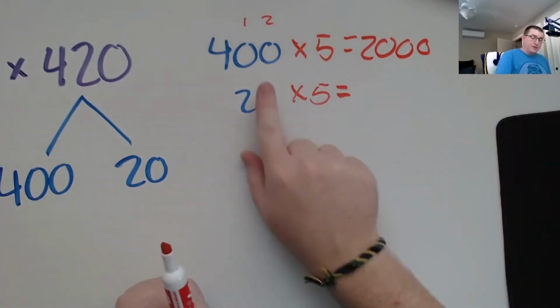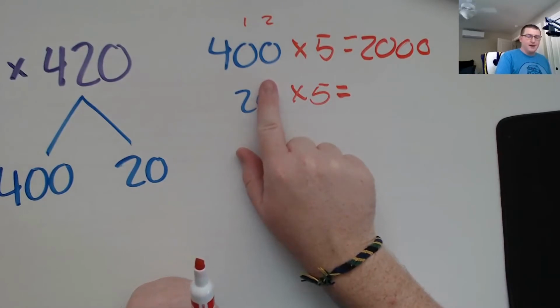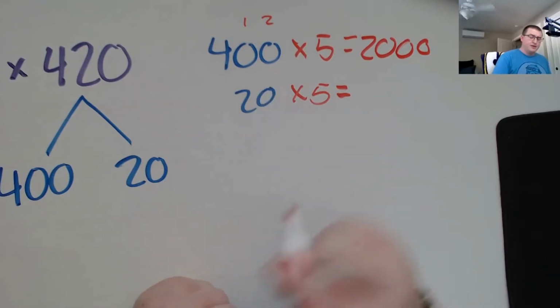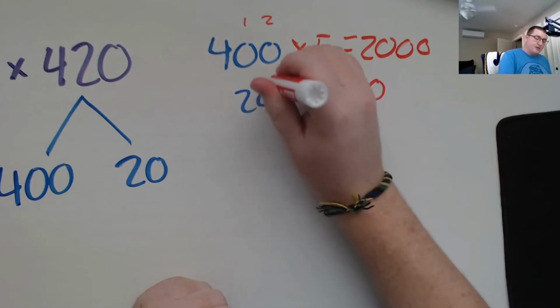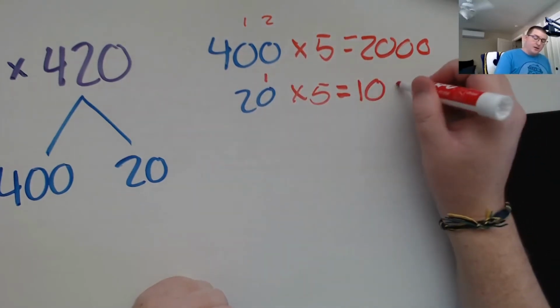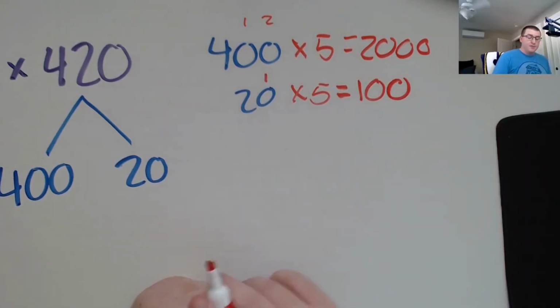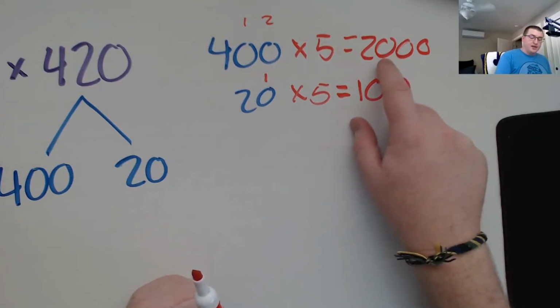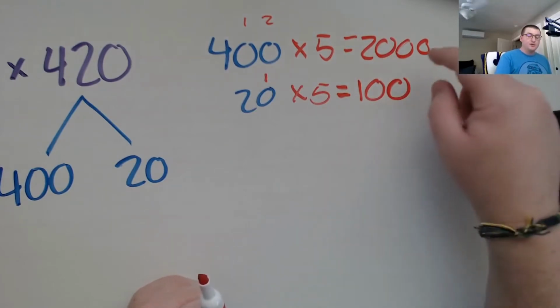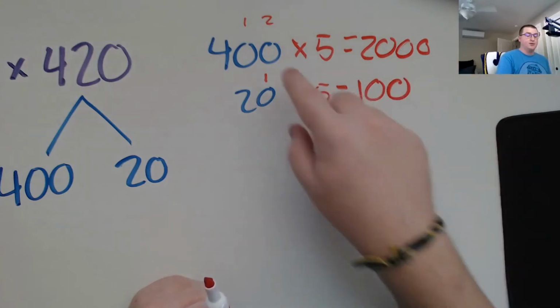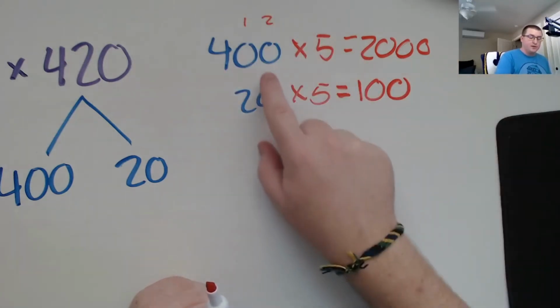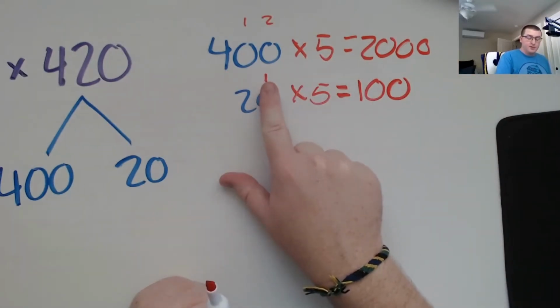Next up, so much easier, 2 times 5 is 10. I know that by heart. 2 times 5 is 10, and then you have 1 zero, so I'm going to bring that 0 over here. Now, remember, numbers like these, yes, there's technically 3 zeros and 2 zeros, but there's 2 zeros added on to our answer of 4 times 5 and 1 zero added on to 5 times 2.